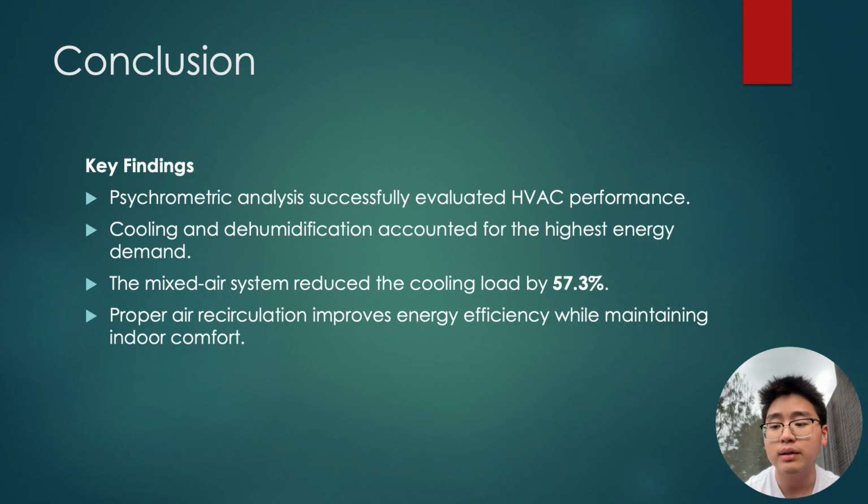Overall, this study showed that psychrometric analysis is an effective engineering tool for evaluating HVAC performance and supporting the design of more energy efficient air conditioning systems while maintaining indoor thermal comfort and acceptable indoor air quality.